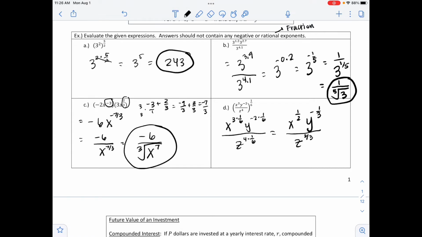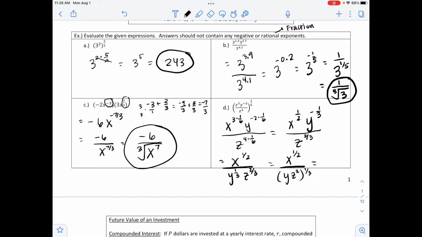So from here, I notice that my y can move to the denominator. And so we have x to the 1/2 all over y to the 1/3, z to the 2/3. The exponent on both y and z have the same denominator. And so I'm going to go ahead and combine those together and say x to the 1/2 all over y to the 1st, z to the 2nd, all raised to the 1/3.